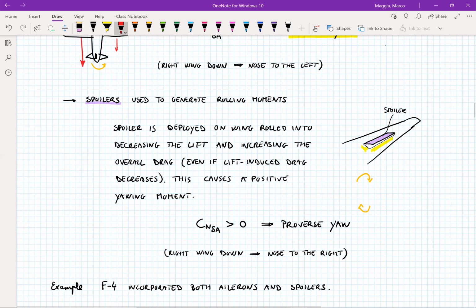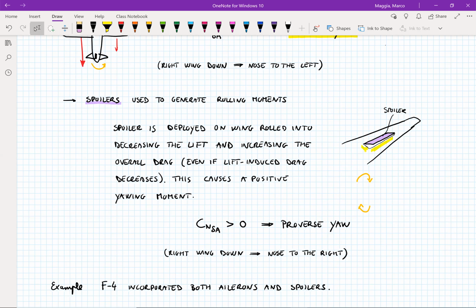Instead, if we're using spoilers, we're only raising the spoiler on the wing that we want to roll into. So let's say we want to roll to the right, we raise the right spoiler. That does two things. That decreases the lift of the right wing, and so it also decreases the induced drag, but the spoiler itself produces so much more drag that overall the drag on the right wing is higher than the drag on the left wing.